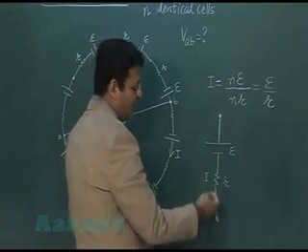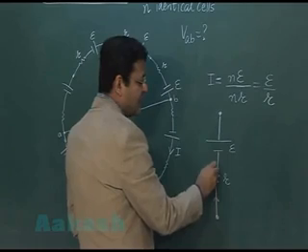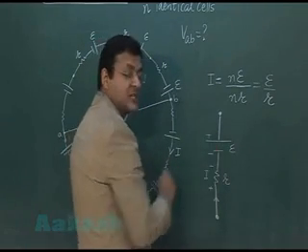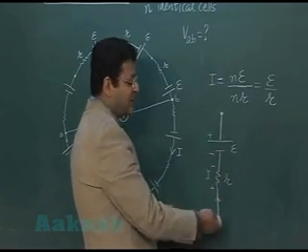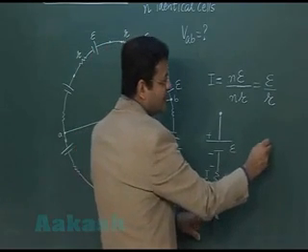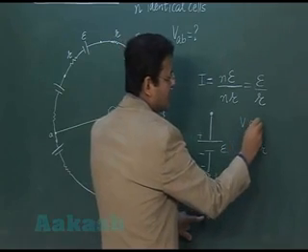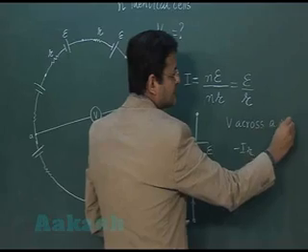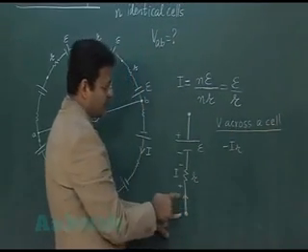Now you see, if the current is flowing like this, this will be at higher potential and this will be at lower potential. So the potential drop, or terminal voltage across a cell, will be E minus Ir.